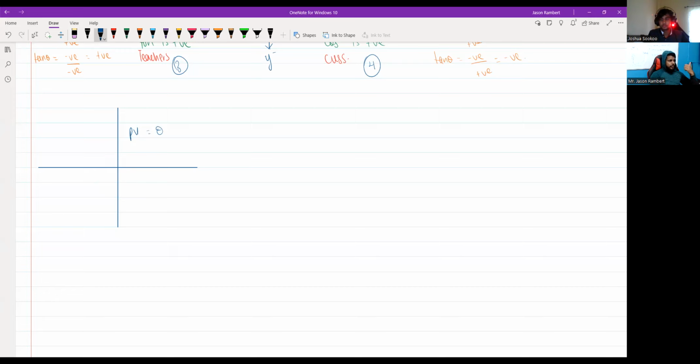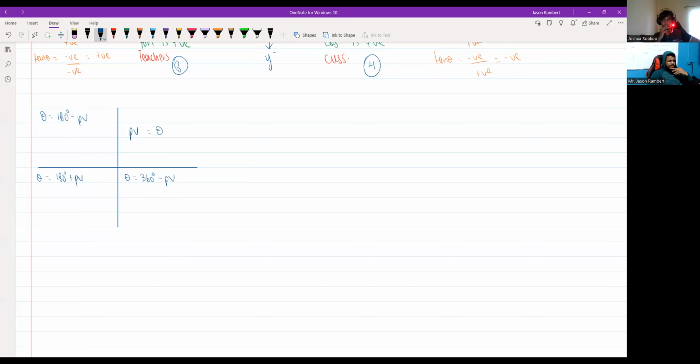In the second quadrant, theta is 180 degrees take away the principal value. In the third quadrant, theta is 180 degrees plus the principal value. And in the last quadrant, theta is 360 degrees take away the principal value.